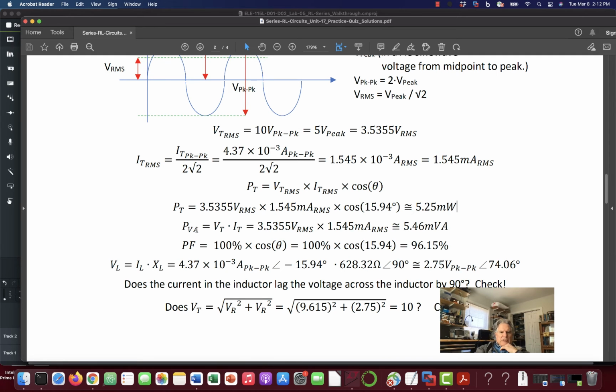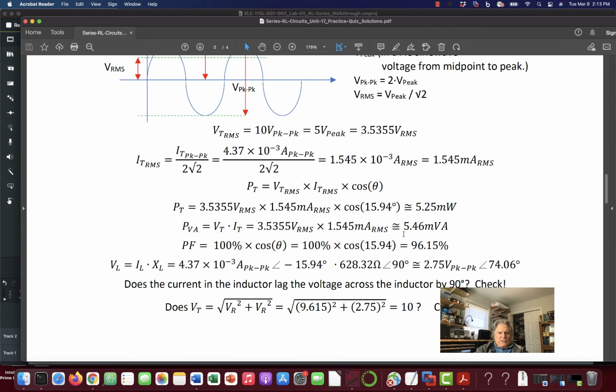PVA is the apparent power, and that's equal to 5.46 millivolt amperes. So the apparent power is 5.46 millivolt amperes, but the real working power, the power that could do anything, is 5.25 milliwatts.